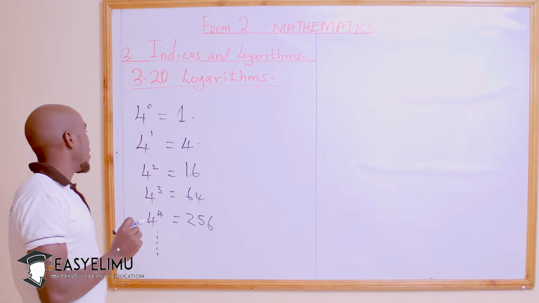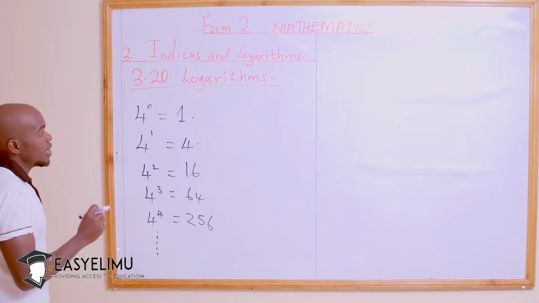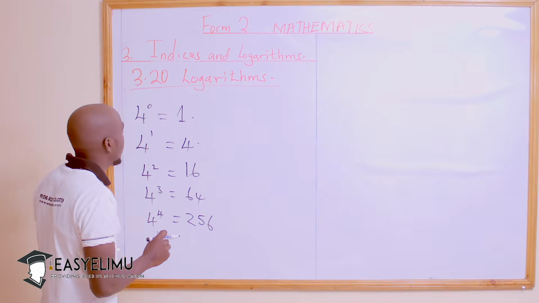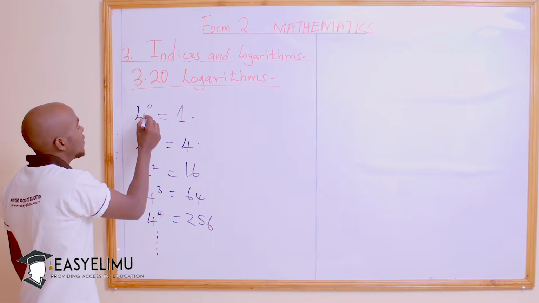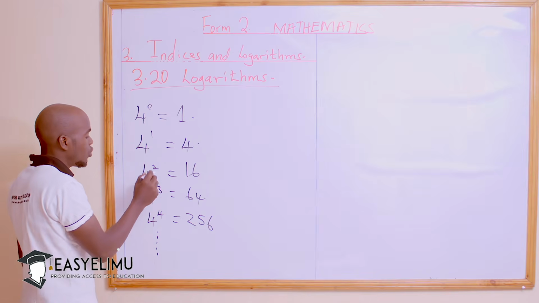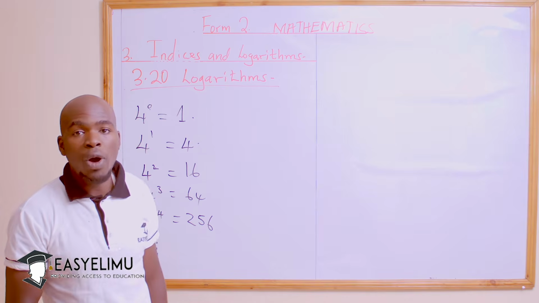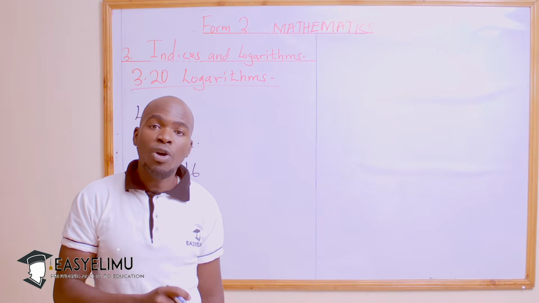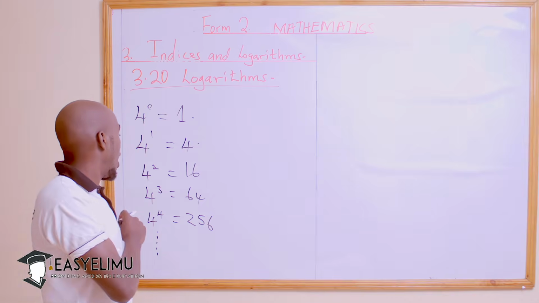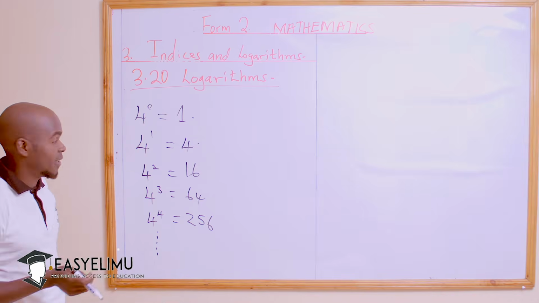But what we are interested in today is logarithms, and we said that here 0, 1, 2, 3, 4 up to the end is referred to as the index or indices. For they are numerous here, so they shall be indices.